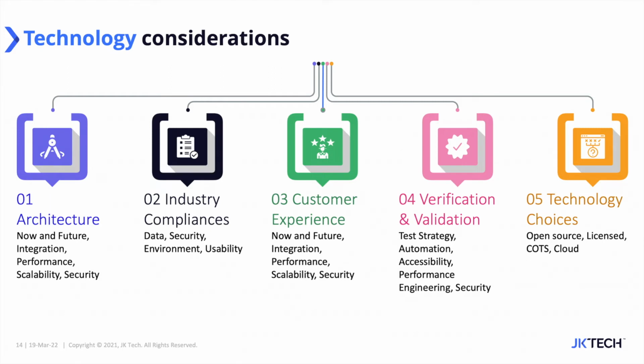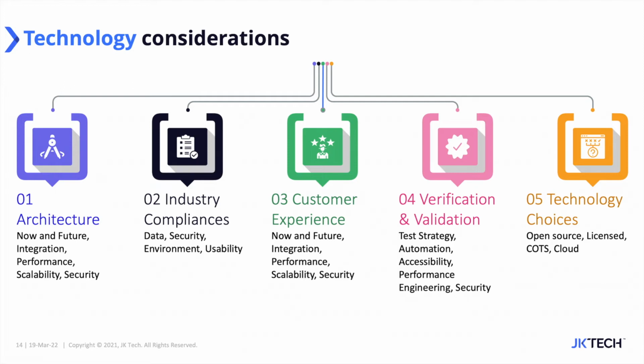There has to be a very robust test strategy that needs to be followed. And overall, the accessibility of the application is very key. Performance engineering has to be built in as part of the verification and validation process, because the amount of data that flows into mission critical systems today is growing every day. So performance is a very key part, if the system has to be really quick and usable. And then security is paramount.